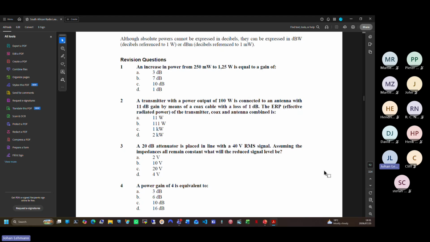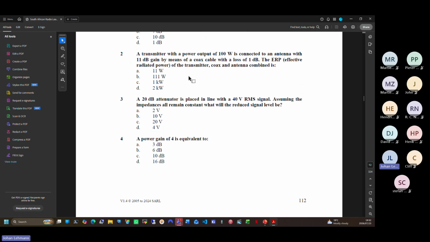So I either have to convert the 1.25 watts into milliwatts, or convert the milliwatts into watts. They've both got to be watts, or both milliwatts. You can do it either way, your answer will be the same. They've put this in as a trick for you to remember you can't work with milliwatts and watts in the same formula. Okay, so what does it spit out for you? 7 dB, B, correct.